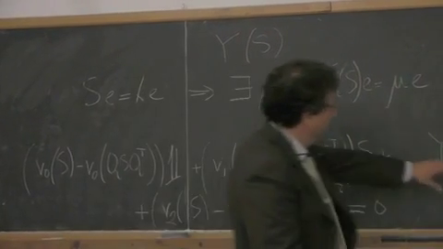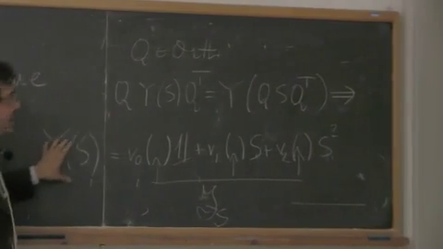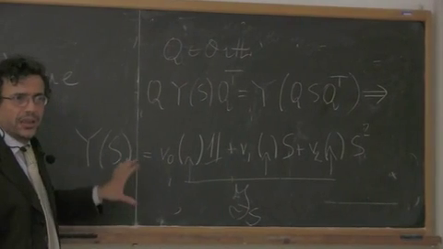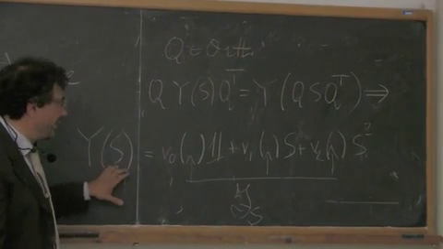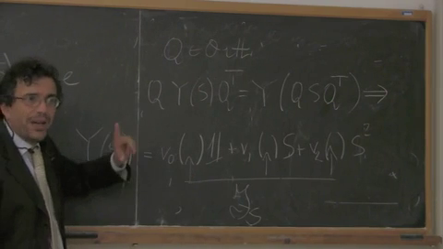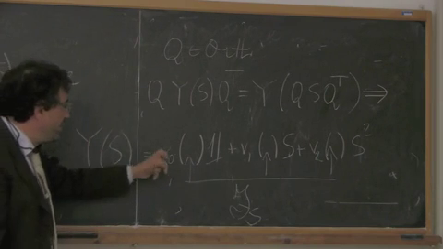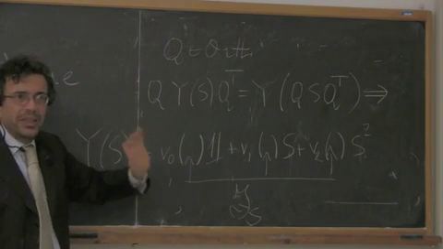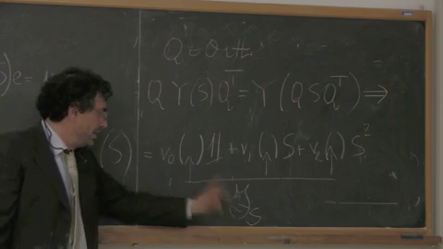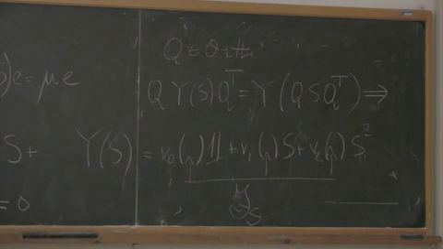We discovered that an isotropic function Y of S is of this form. However, we have not yet discovered how V0, V1, and V2 depend on S. We simply know that they are scalars.